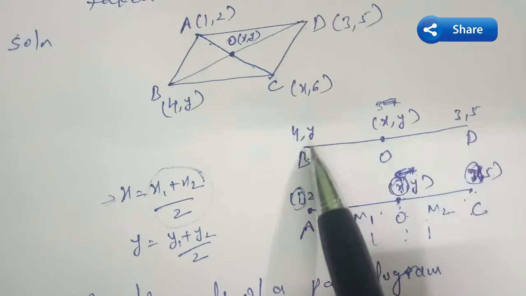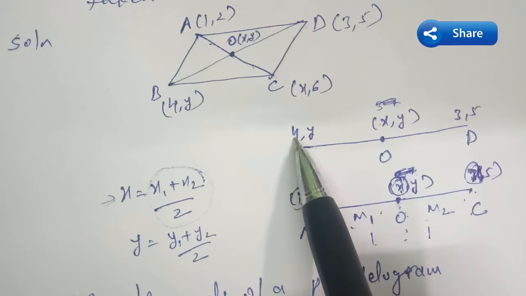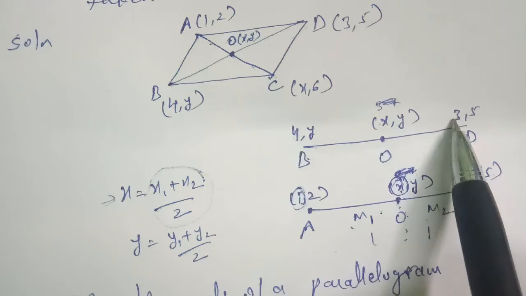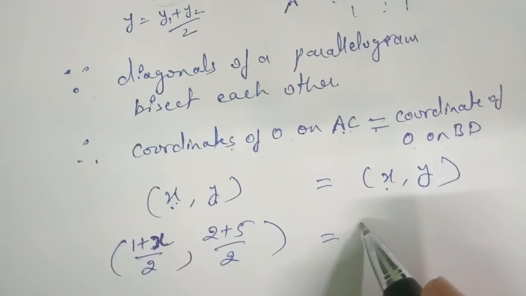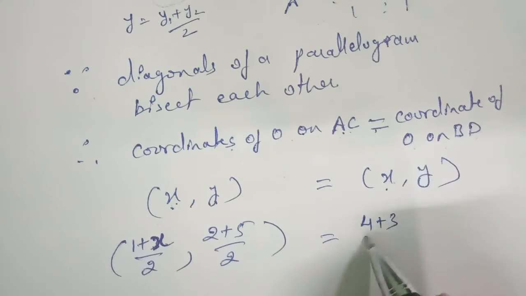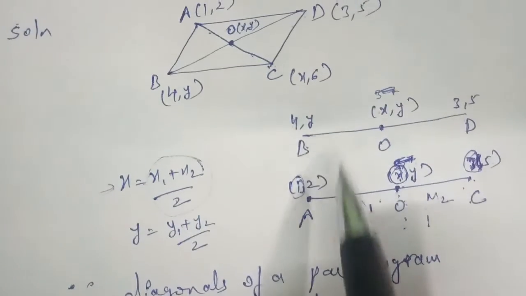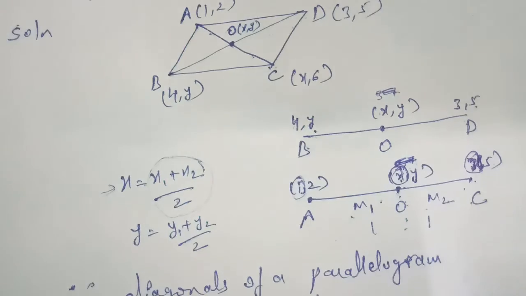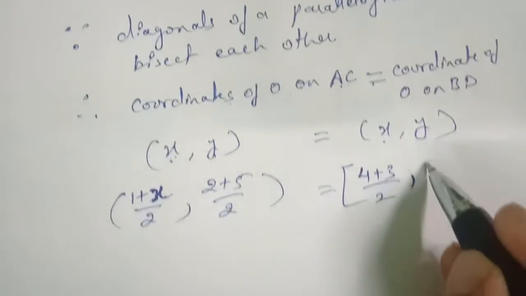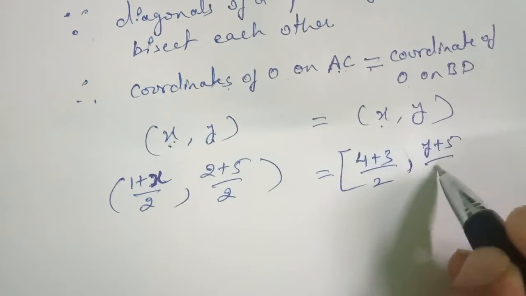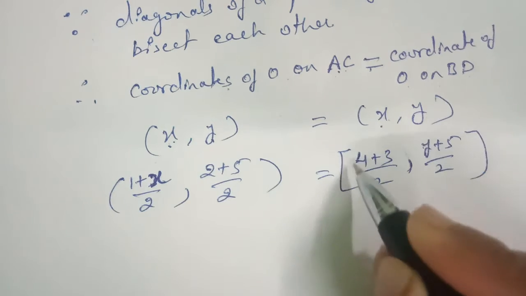For BD, the coordinate of O will be: for x, (4 plus 3) divided by 2. And for y, (y plus 5) divided by 2.